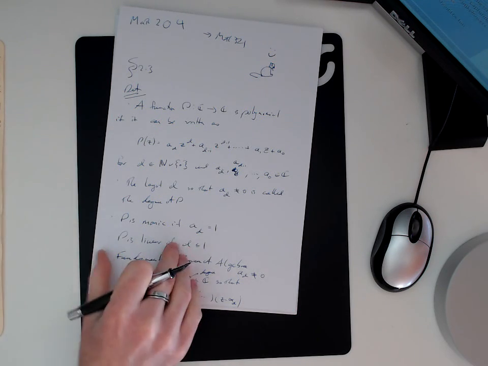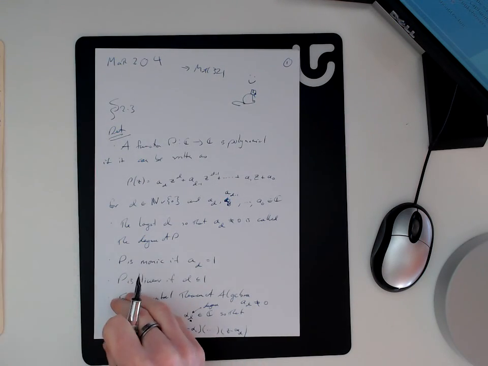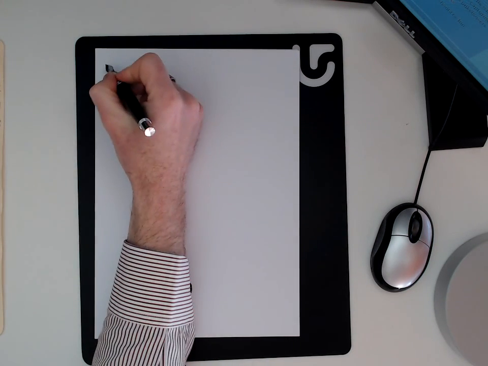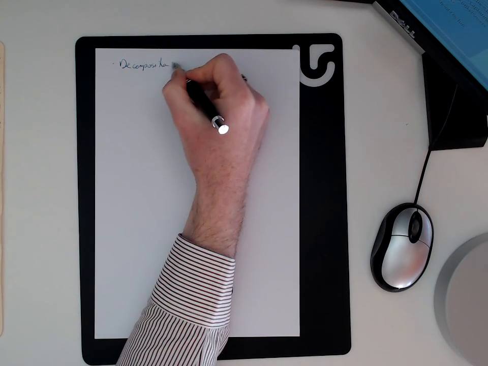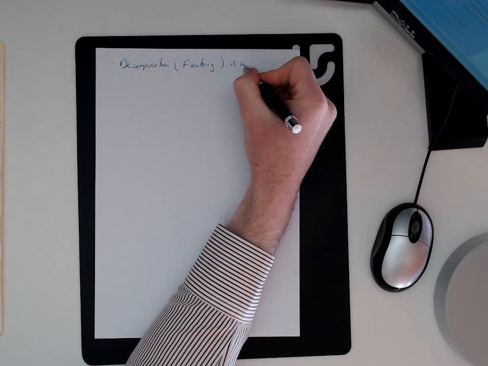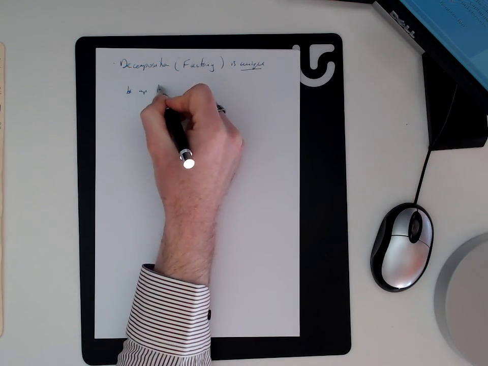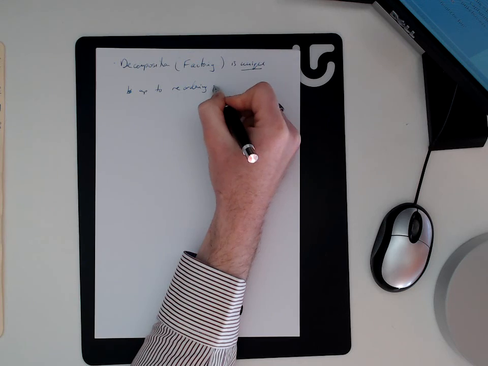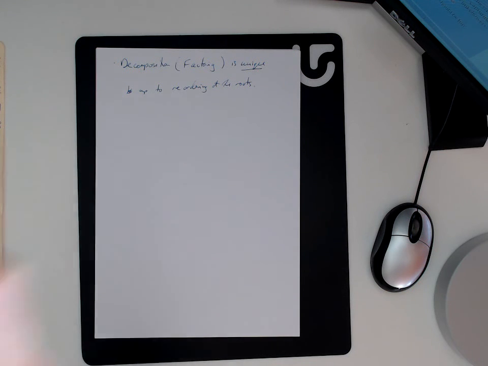And the alphas are not necessarily distinct. This particular decomposition is unique. These roots don't change, right? So that decomposition is unique. Or maybe I should say the factoring. Well, is it unique? It's unique up to a reordering of the roots. Sometimes that matters, sometimes it doesn't.